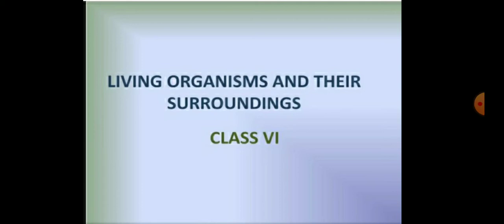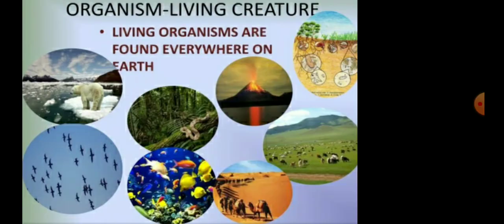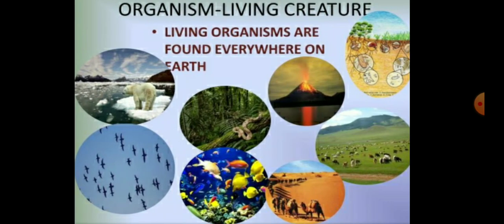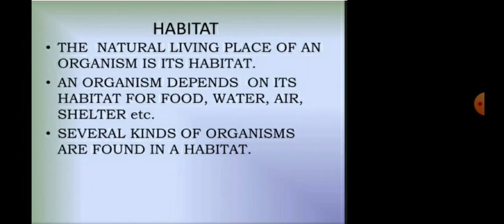So, children, today we are going to recapitulate chapter number 9, The Living Organism and Their Surroundings. Children, we know the living organisms are found everywhere on the earth. They are present in desert conditions, in grassland, in oceans, forest, in the sky, polar regions, everywhere.